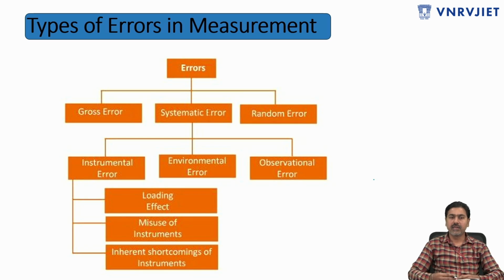And again these systematic errors are further classified into instrumental errors, environmental errors, and observational errors. The instrumental errors again may be due to the loading effect or misuse of instruments or inherent shortcomings of the instruments. Anyway, we are going to discuss these types of errors in detail one by one.